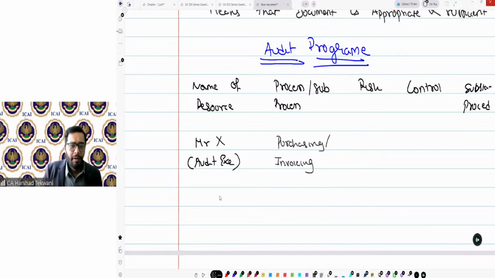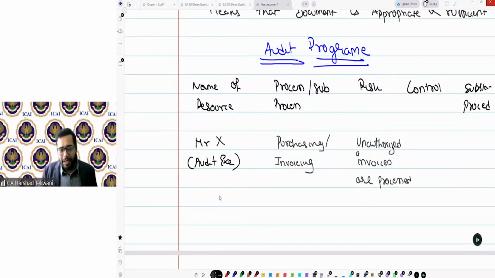Let's say the risk is that unauthorized invoices are processed. Means invoices are processed without authorization or inaccurately. Inaccurate processing of invoice.